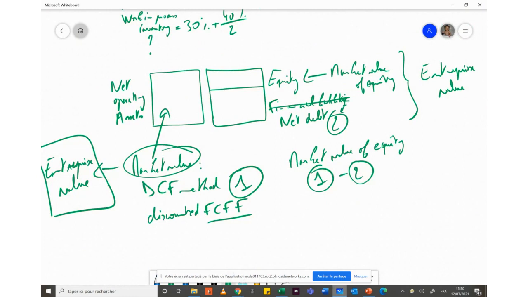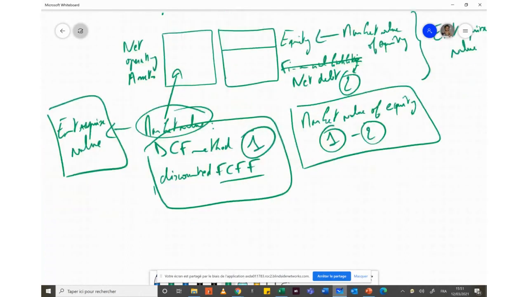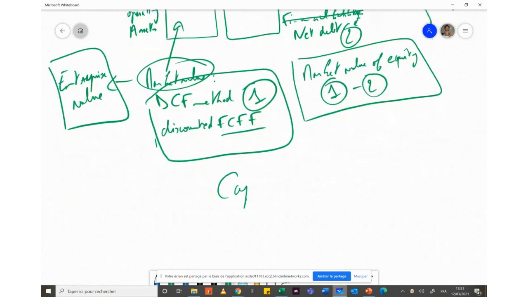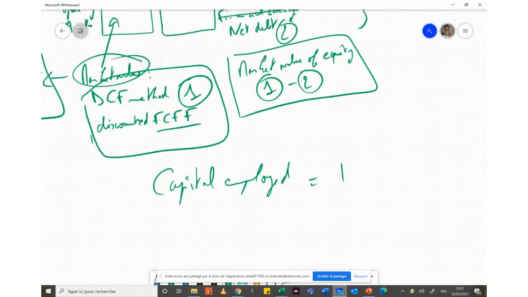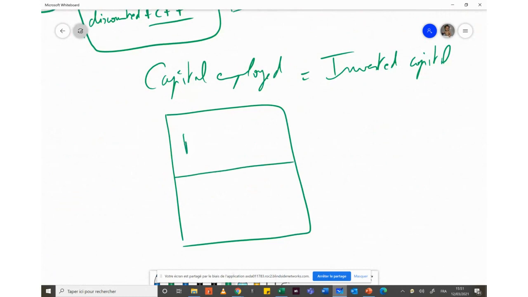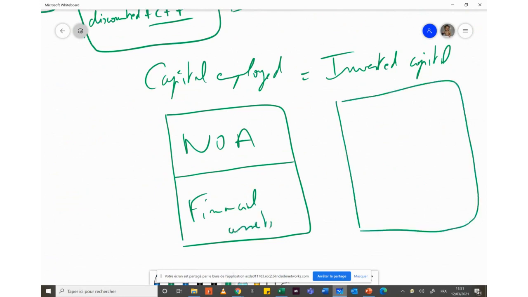So what we do is to calculate the market value of equity from the discounted cash flow methods. The other way to present the calculation of the market value of equity is to say we have the capital employed on one side and the invested capital on the other side. We have the net operating assets, we have the financial assets, we have the equity, we have the financial liabilities.